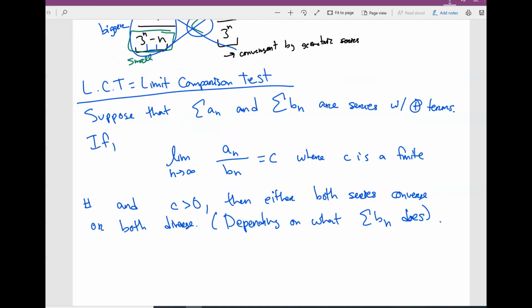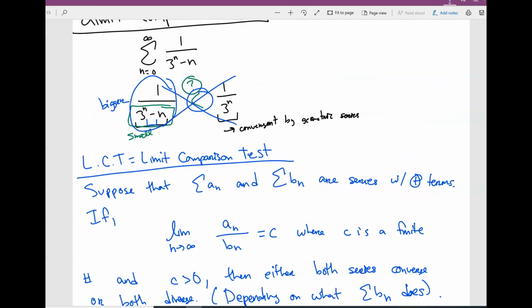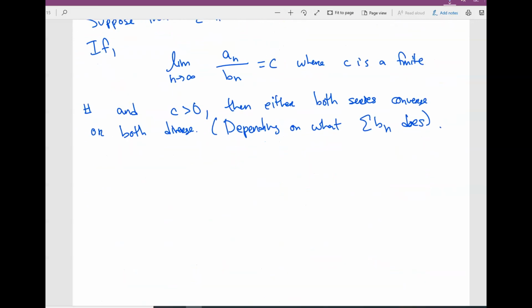Okay, so let's go ahead and do this problem that we were trying to compare that kind of failed. We were trying to figure out whether this series, the sum from n equals 0 to infinity of 1 over 3 to the n minus n, diverges or converges.